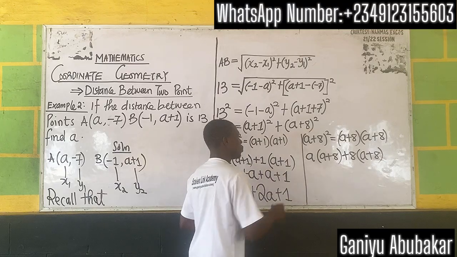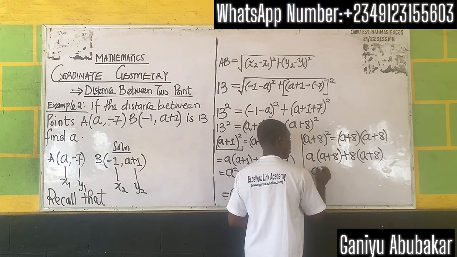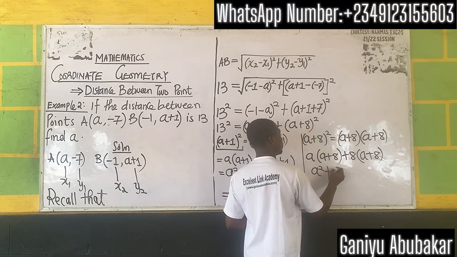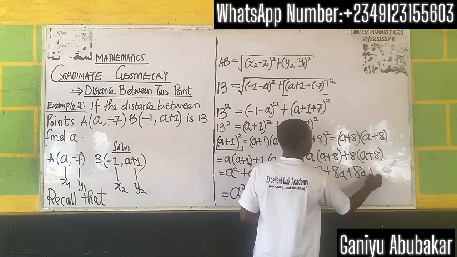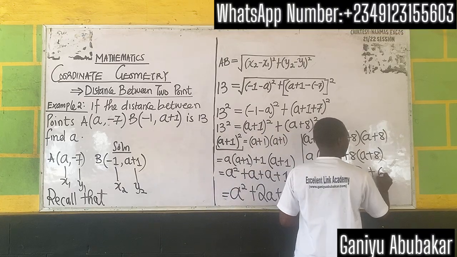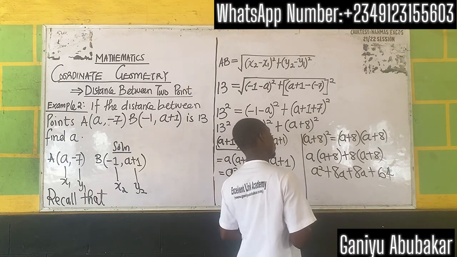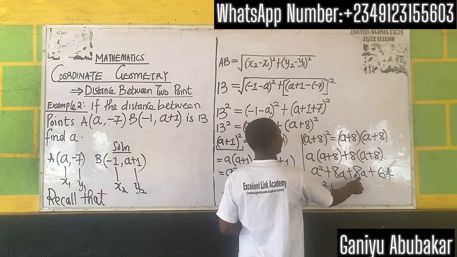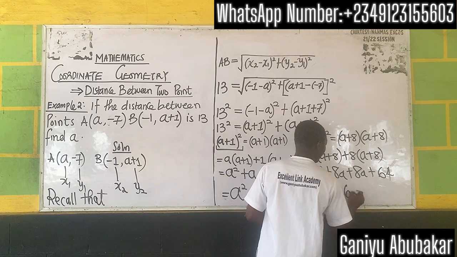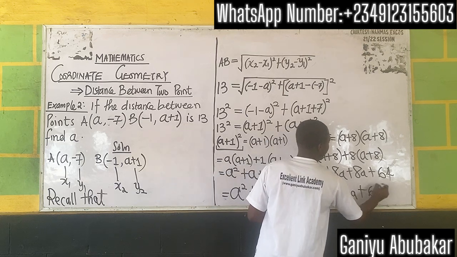Right? So A times A gives you A squared, plus A times 8 gives you 8A, plus 8 times A gives you 8A, plus 8 times 8 gives you 64. Alright. This gives you A squared plus 8A plus 8A, that gives you 16A plus 64.